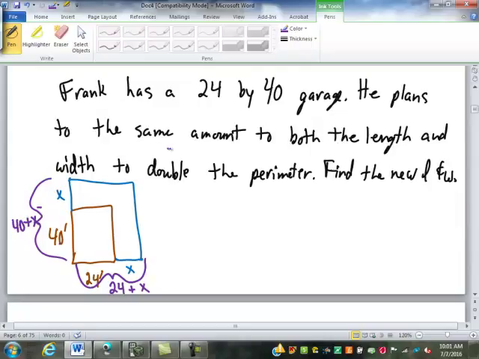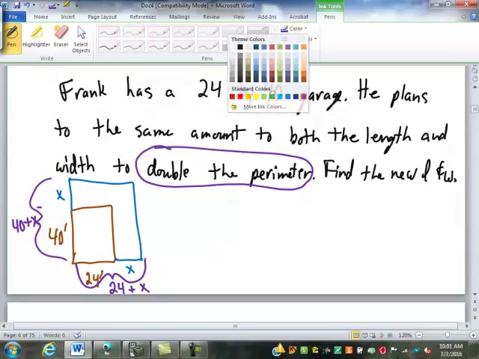We want to double the perimeter. So how do we know what the new perimeter is going to be? Well, we have to find the old perimeter. Here's a case where you have to go back and use the old information to figure out what the new information is going to be.